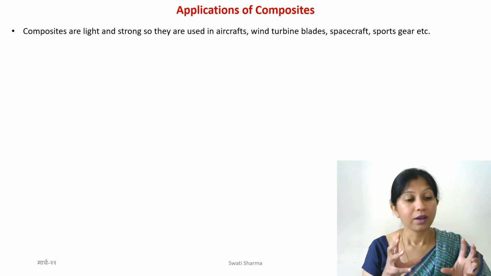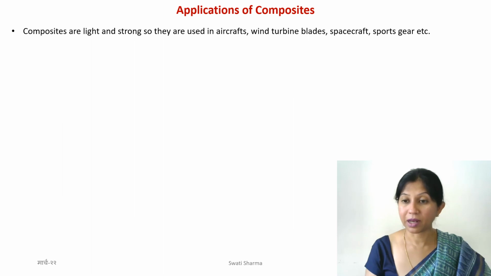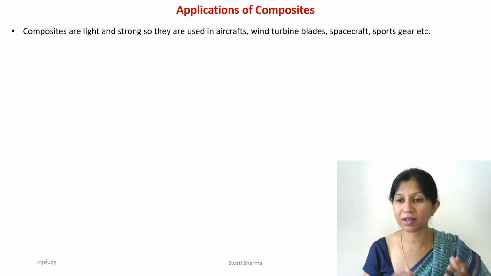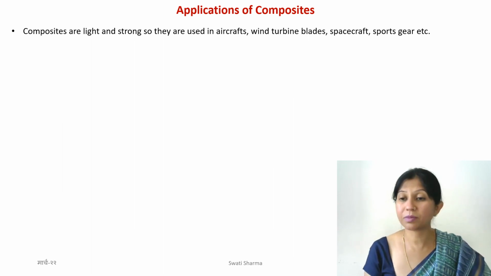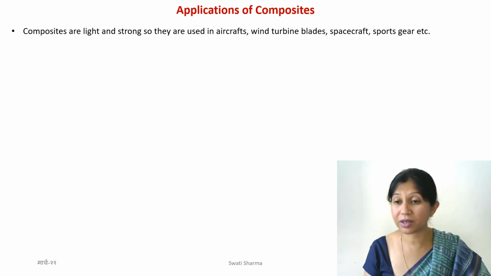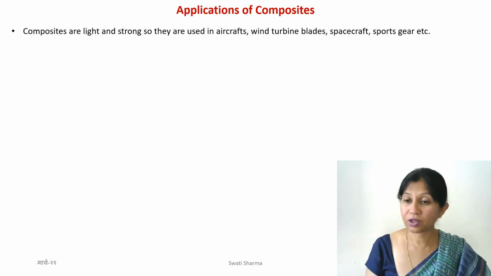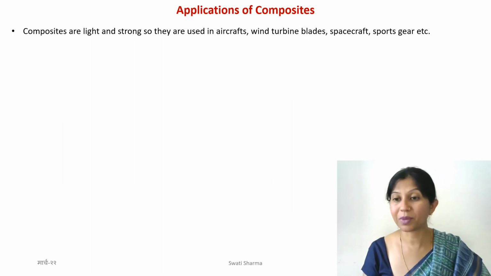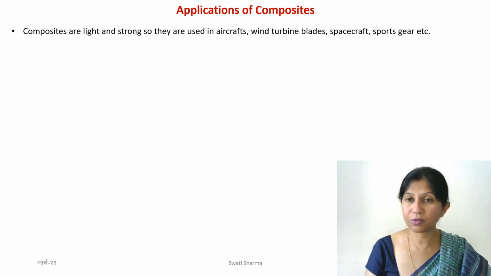So 99% of wind turbine blades nowadays are made of composite materials. Traditionally they were made of wood or even some light metals, but composite materials work much better because wind turbine blades also need to withstand very extreme weather conditions, so they should be mechanically strong, but at the same time lightweight. So this is one example.